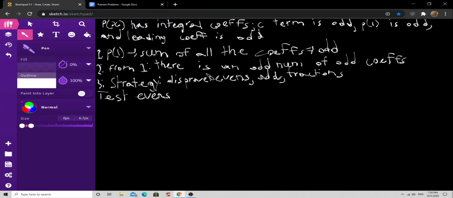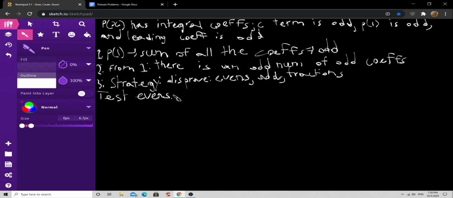So I'm probably doing this out of context here. So we're looking to see if we plug in evens, odds, or fractions, we want to show that none of those will work. If we plug that into our polynomial p of x, then we will never get a root. And we're proving this by contradiction.